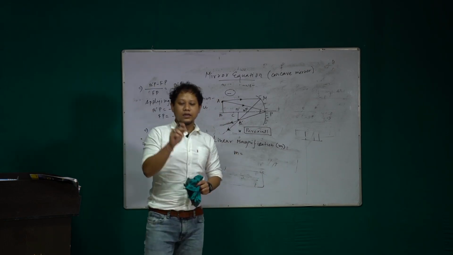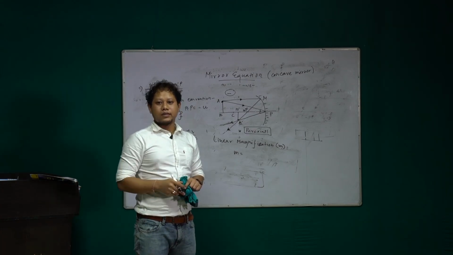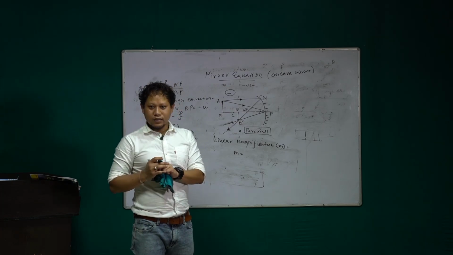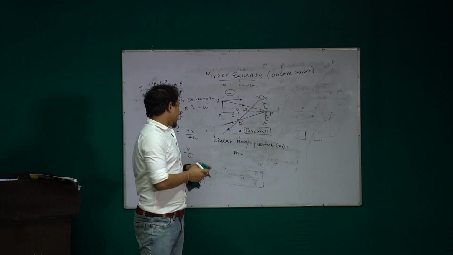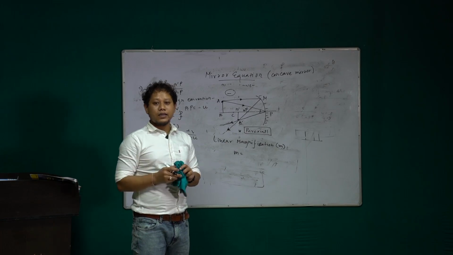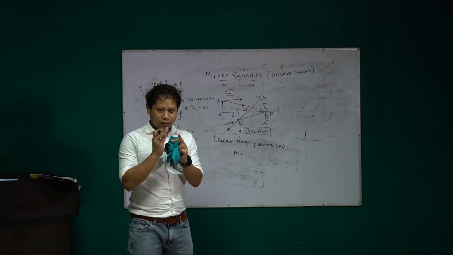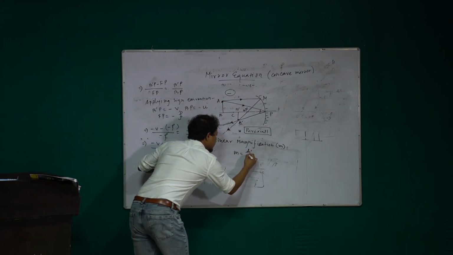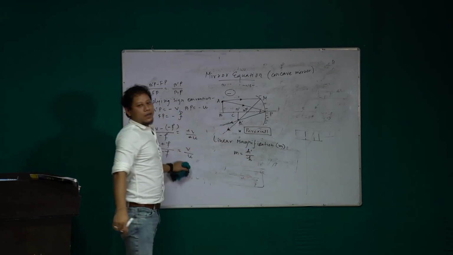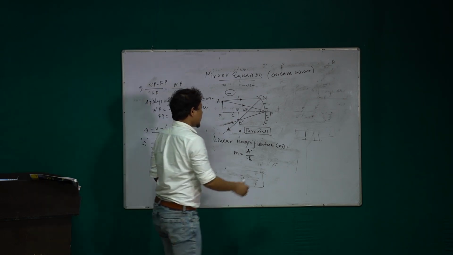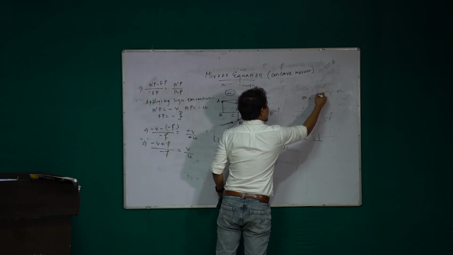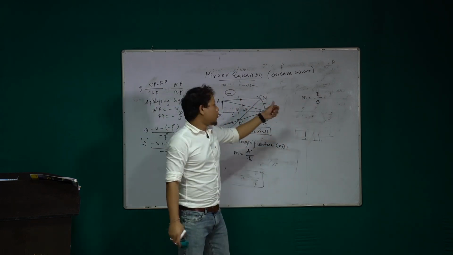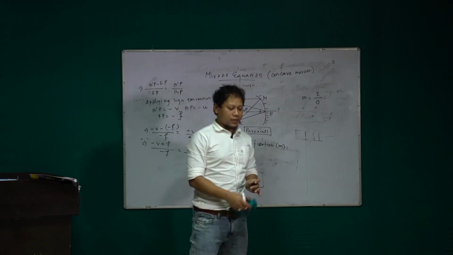The linear magnification can be defined as the ratio of the size of the image to the size of the object. Is it clear? I repeat, the linear magnification is the ratio of the size of the image, h dash, divided by the size of the object, h. In some other books, they might give you m equal to I by O. Is it clear? I represents the size of the image and O represents the size of the object.